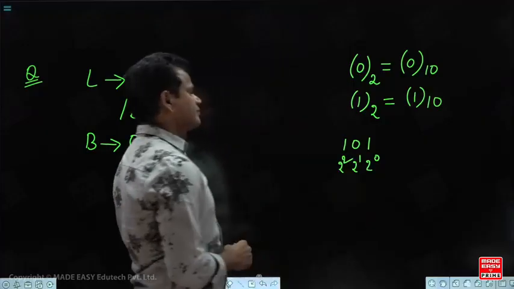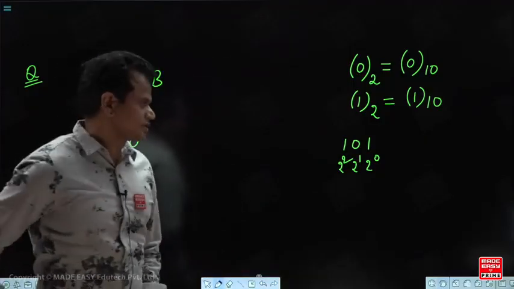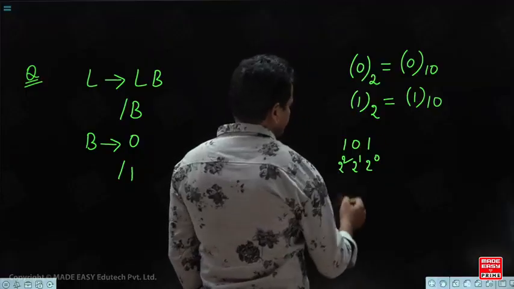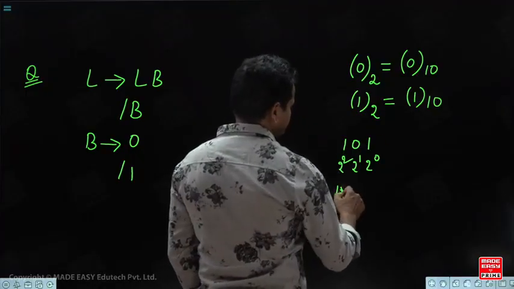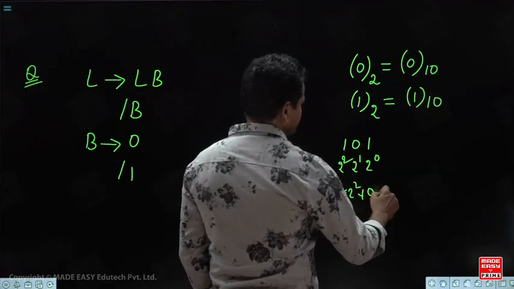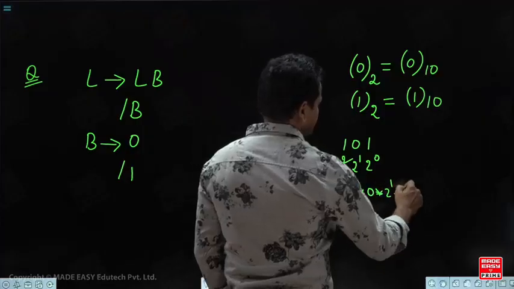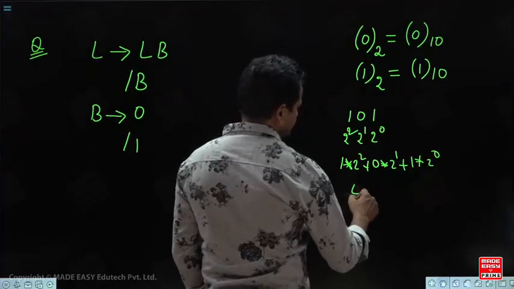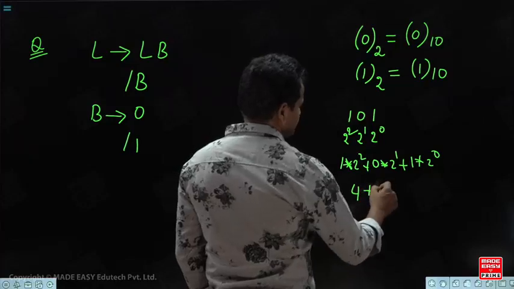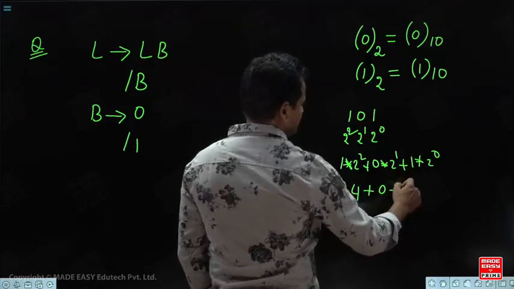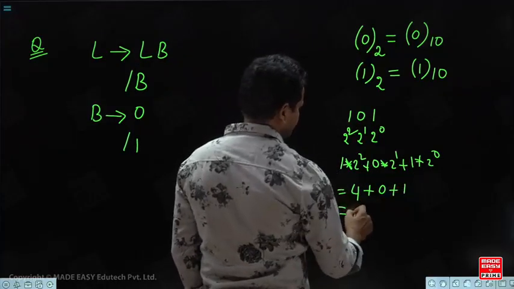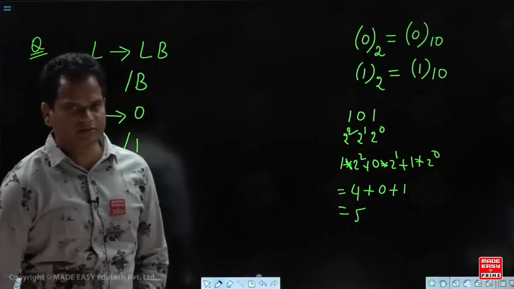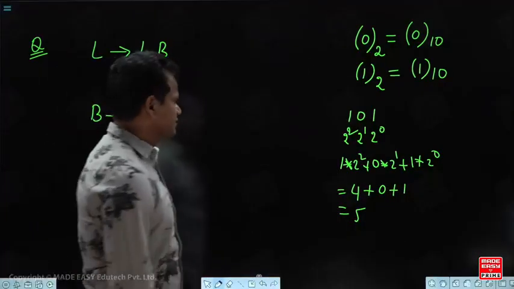So for 101: 1 into 2 square plus 0 into 2 power 1 plus 1 into 2 power 0. 1 into 2 square is 4, plus 0, plus 1 into 2 power 0 which is 1. This is 5. This is the conversion. Yes or no? So whatever conversion you know.